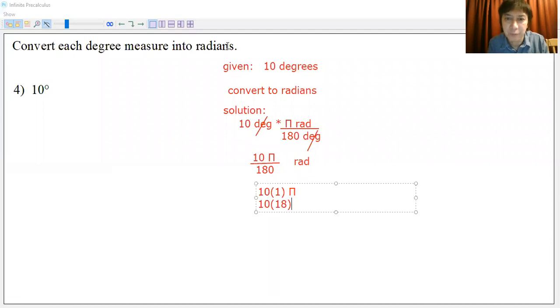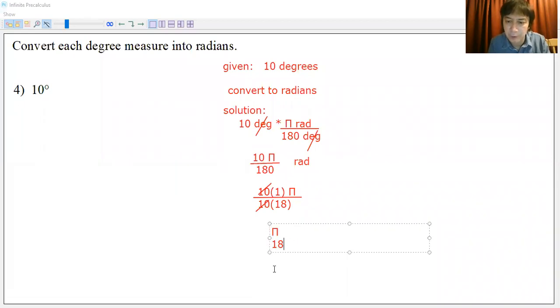We still have the fraction symbol over here, and you see the 10 cancels out with 10, and the final answer is 1 times pi over 18. So it's simply pi over 18.